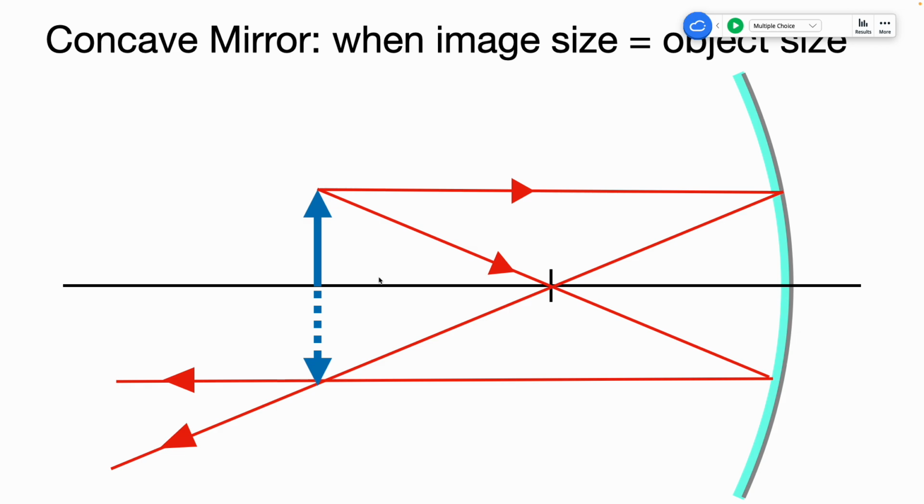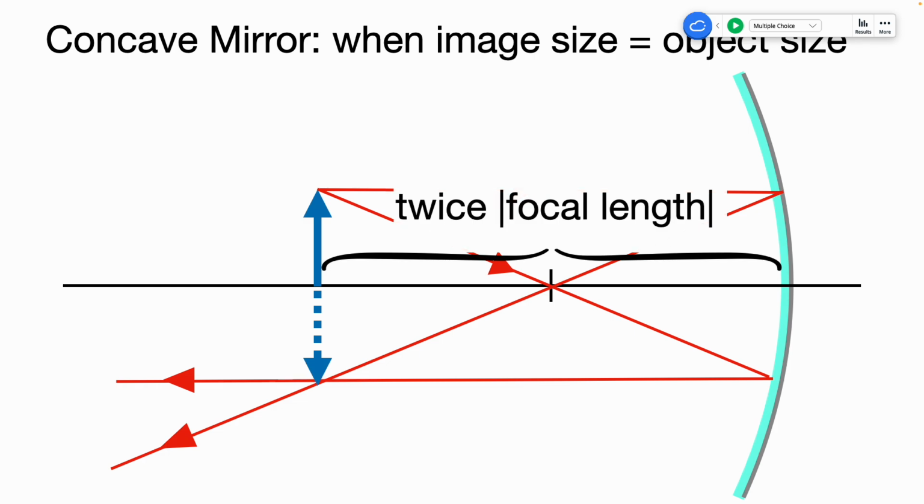You see, when this is twice the focal length, these two triangles will give you some relation that I won't question you right now, but you should know by the time the final comes. Anyway, if you have a nice ruler and you draw carefully, you should see that if you put the object at twice the focal length away from the mirror, then the image will be exactly the same in size. Okay?